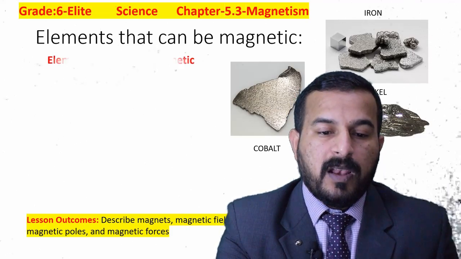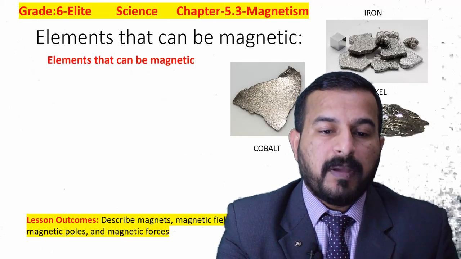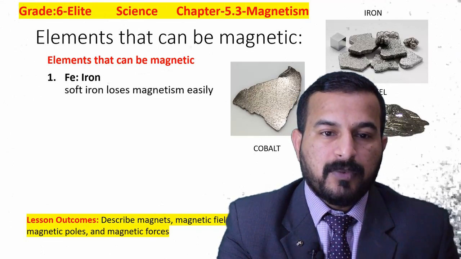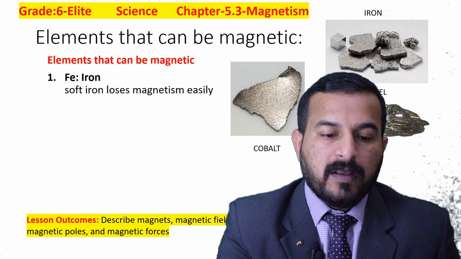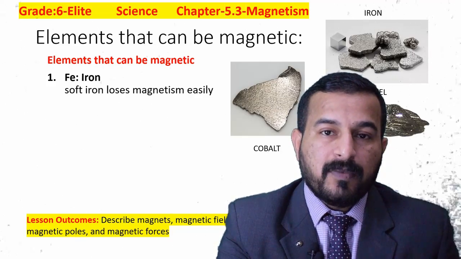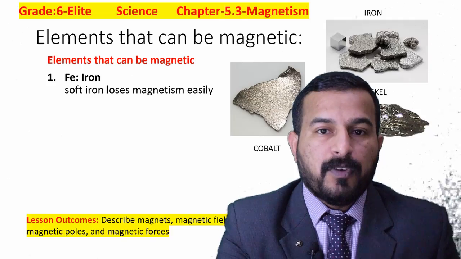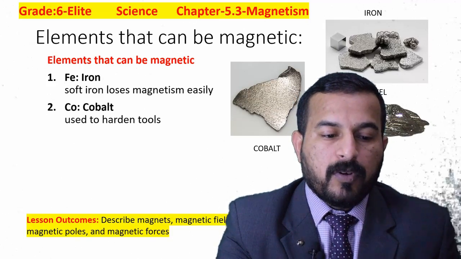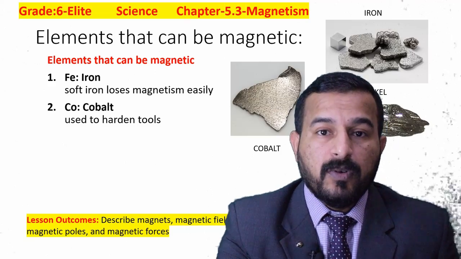Let's go through some of the important magnetic materials. First of all, Fe stands for iron. It's a soft iron which loses magnetism very easily, but iron is one of the most commonly used ferromagnetic materials by human beings. The second one is cobalt, and it is used to harden tools.